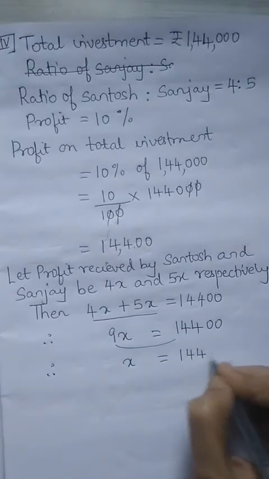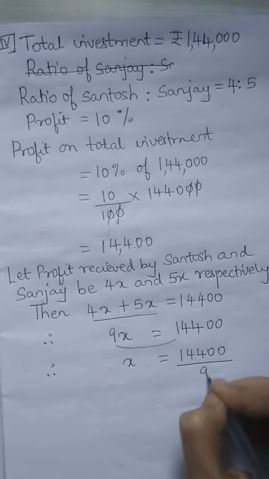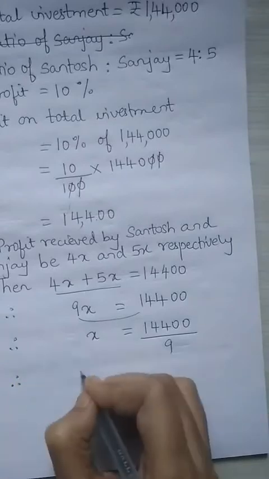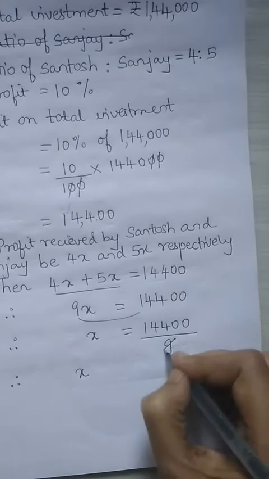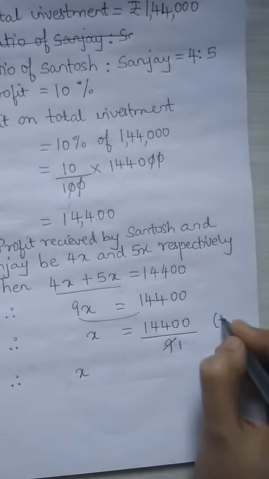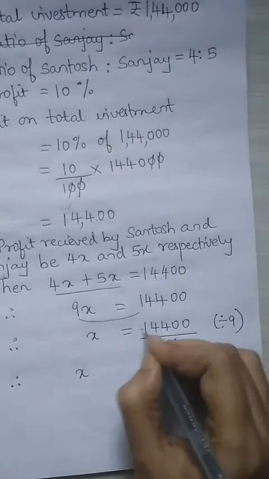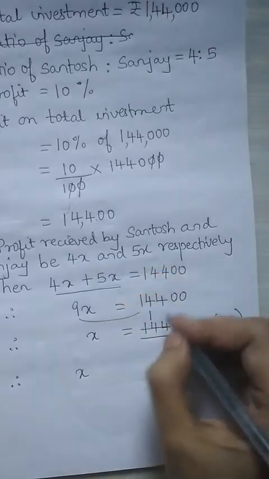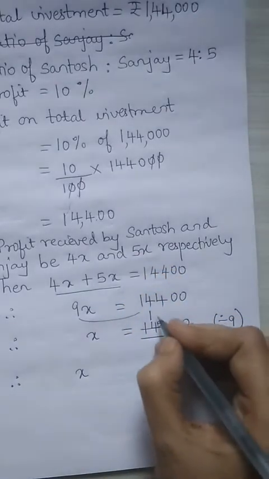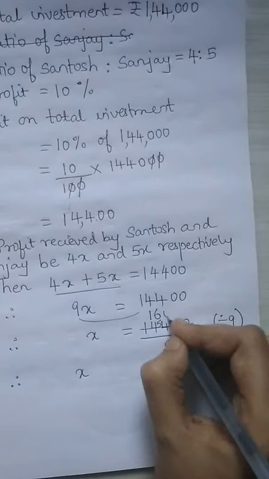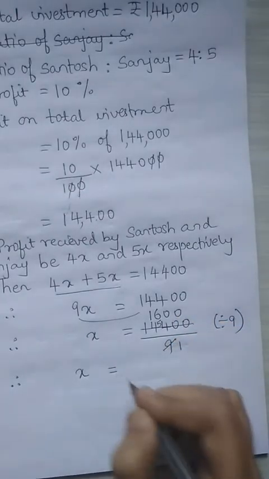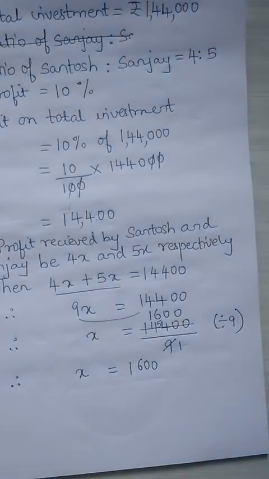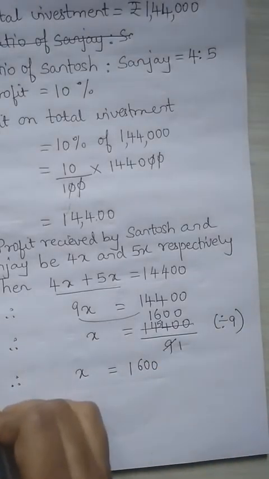When you shift 9 to the other side, it becomes division, because here it was multiplied. Dividing the number by 9 gives 1600.